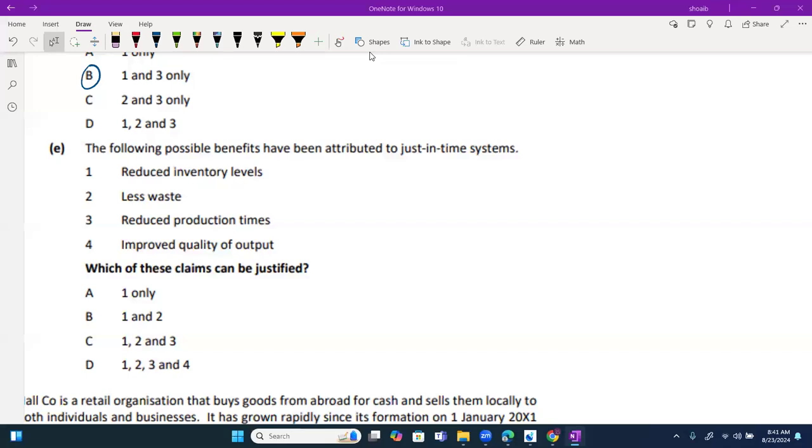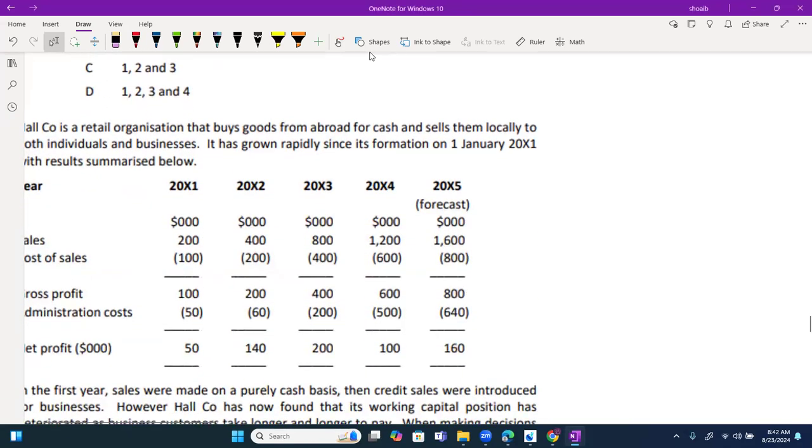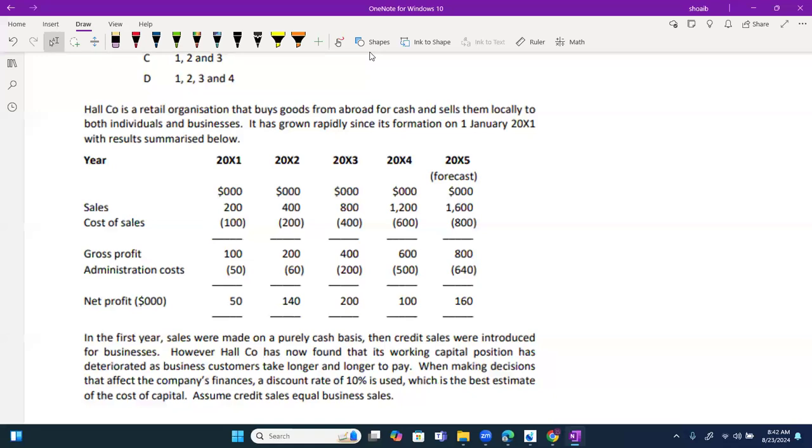If the company follows total quality management, there will be less waste, less time to produce the goods, and improved quality of output because you will hire skilled labor. Just in time is only applicable when you follow TQM. Otherwise, just in time will become a disaster for your company.